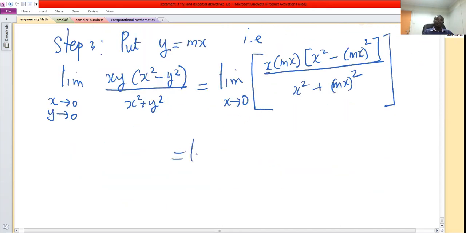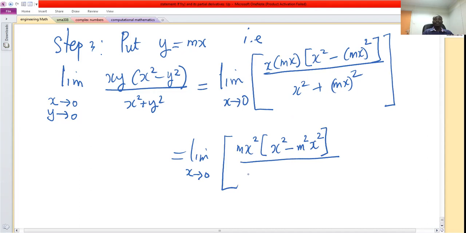So we'll have the limit as x approaches 0. This will give us m x squared times (x squared minus m squared x squared). Here I can factor out x squared, and I have 1 plus m squared in the denominator. I hope you can see how this results into this, so that this and this cancel out.